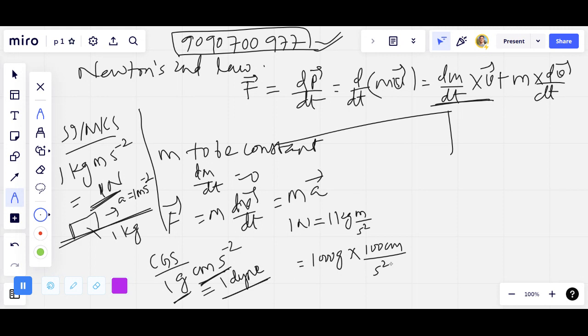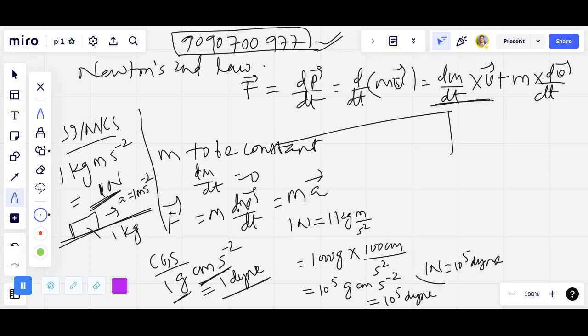You know, in the SI system the time unit is second, and in the CGS system the time unit is second. Now how many zeros? 1, 2, 3, 4, 5. So it will become 10 to the power 5 gram centimeter per second square, that is nothing but 10 to the power 5 dyne. So 1 Newton equals 10 to the power 5 dyne.